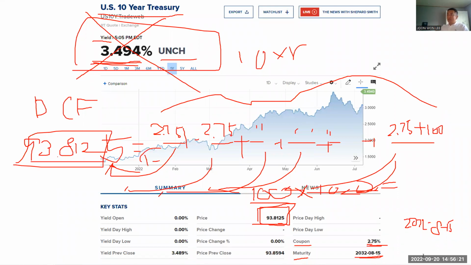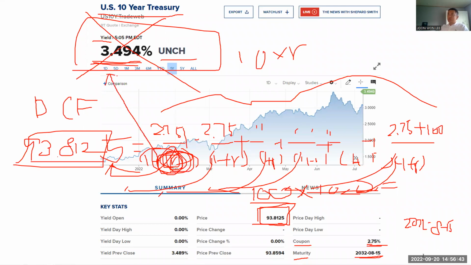Then you need to discount this annual cash flow, but we don't know this discount rate. This discount rate is the yield to maturity. So if you put 3.494 into this, then you can get this 93.8125.